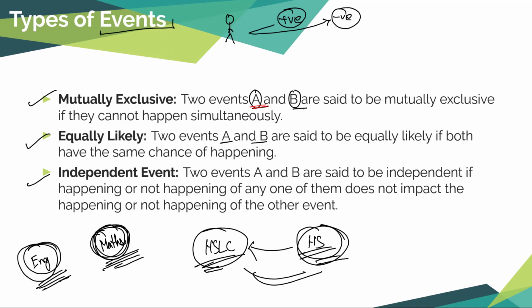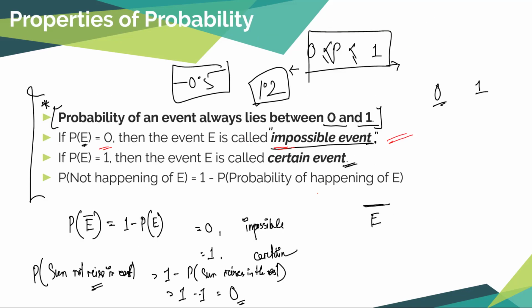If two events A and B cannot happen simultaneously, then the probability of A intersection B is equal to 0.